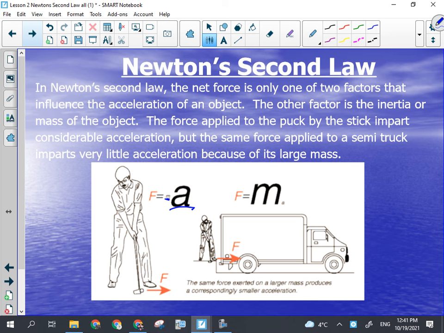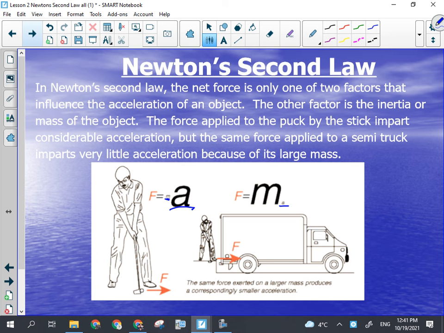All right, so back on topic, if he winds up and hits the truck, he's now using the same force, but it's on a huge mass. So it's going to produce a correspondingly small acceleration. Okay? Now, if this is the perfect physical world and that truck is sitting on a perfectly frictionless surface, does the truck move?